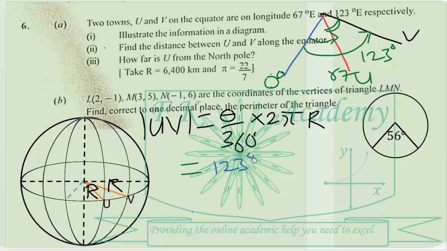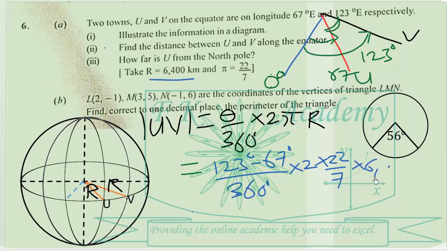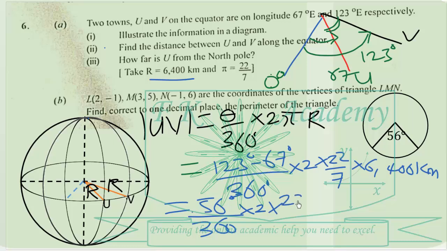So that will give us 123 degrees minus 67 degrees over 360 degrees times 2 times 22 over 7 times r, which is 6,400 kilometers. We simplify this to 56 degrees over 360 times 2 times 22 over 7 times 6,400.